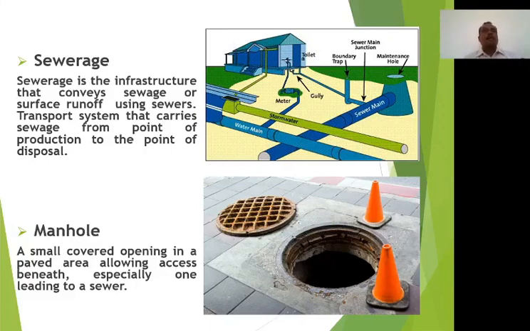They are located every 50 to 60 meters in the sewerage, at the junction of two or more sewers, and at points of change in direction. This provides access to control the entire underground system of sewerage. If any repair work is required, it can also be done through the manhole. See this picture, you can see the manhole.